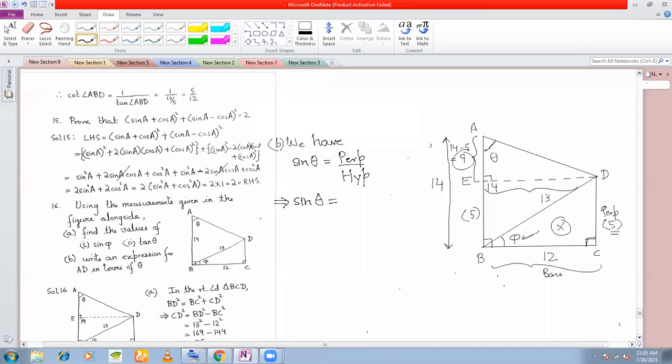Now, what is the perpendicular here? Perpendicular here is ED, right? So write ED. Hypotenuse is AD. What is the length of ED here? 13 by AD. So you have to write AD in terms of sine theta. That means AD sine theta must be equal to 13.